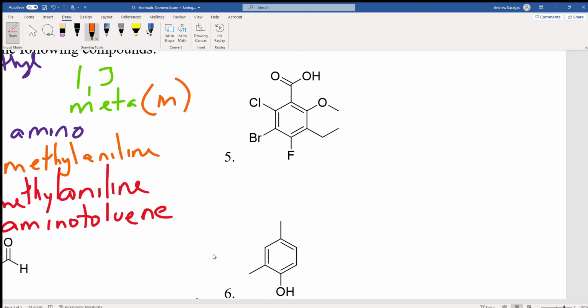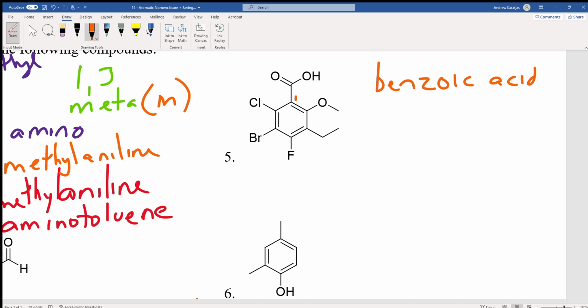All right, question 5, you can see we have a whole bunch of substituents. In fact, they're on every carbon. And again, we're going to pick the one we would use as the parent name, that being the carboxylic acid. And so that gives us a name of benzoic acid as our parent. Now, either direction we go, left or right, is going to give us substituents on 2, 3, 4, 5, and 6.